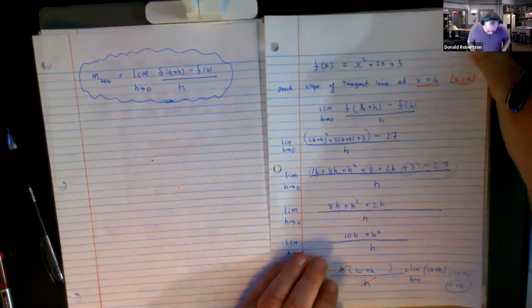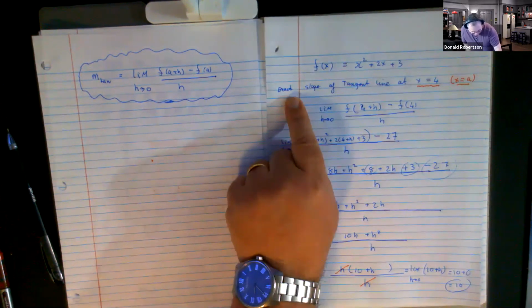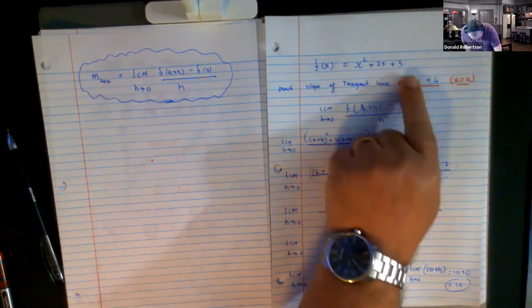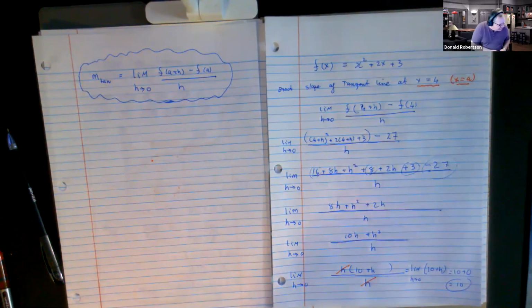I can now tell you that the exact value for the slope of the tangent line to this quadratic at x equals 4 is 10. Not my best guess that it's 10, or my estimate is 10, or fingers crossed, I hope I got lucky, it's 10. It's 10.